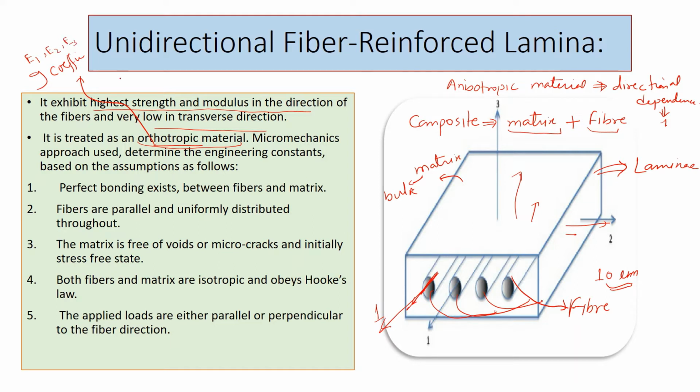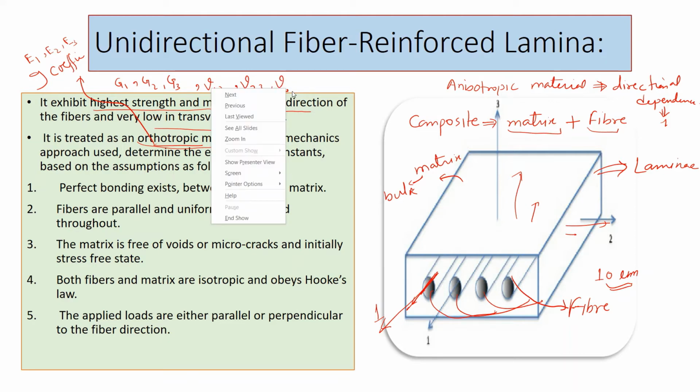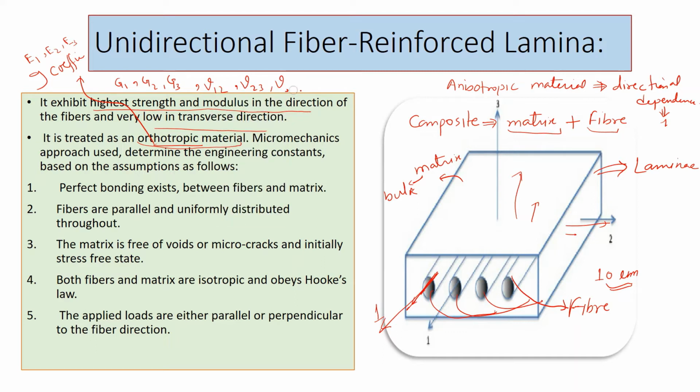Similarly, G1, G2, G3, the shear moduli in directions 1, 2, and 3. And similarly the Poisson's ratios nu 1,2, nu 2,3, and nu 3,1 or 3,2. So these are the 9 unknowns in orthotropic materials.